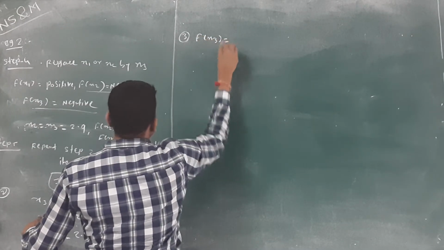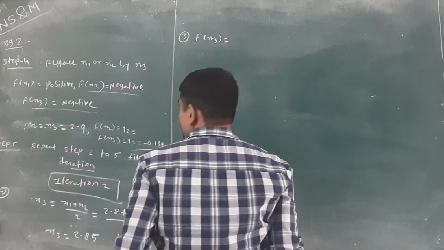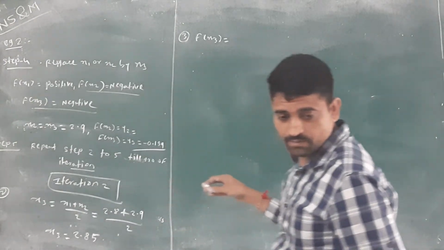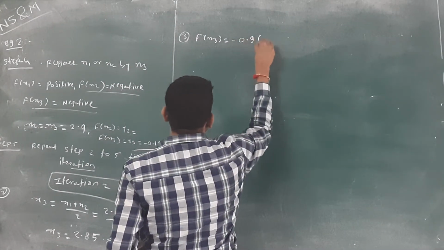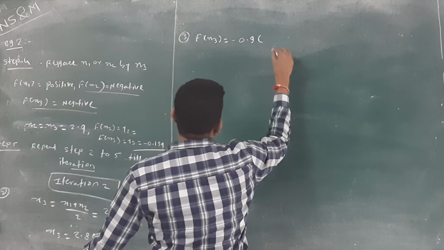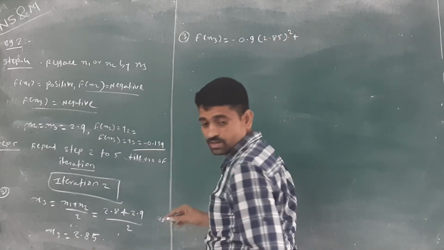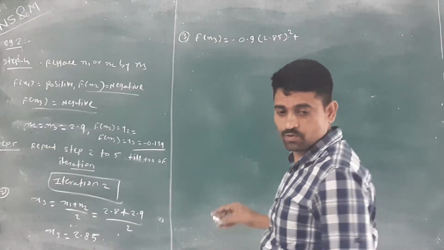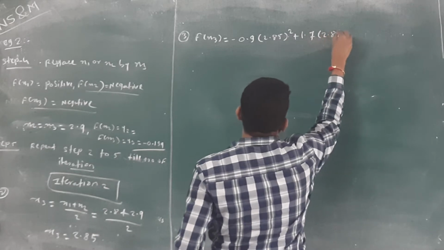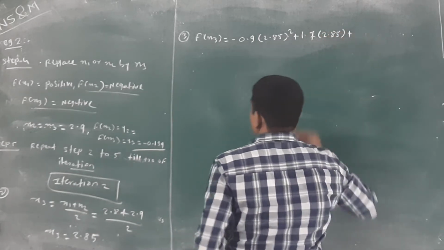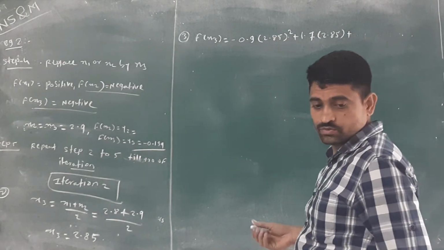F of x3 is equal to, the function is given, minus 0.9 x square, 2.85 square, plus 1.7x plus what is the last value given? 2.5.